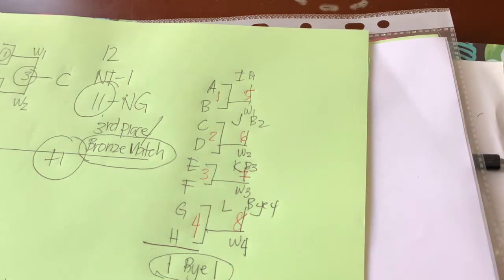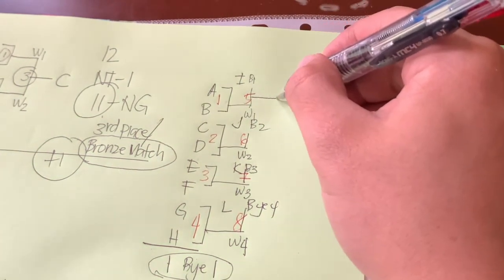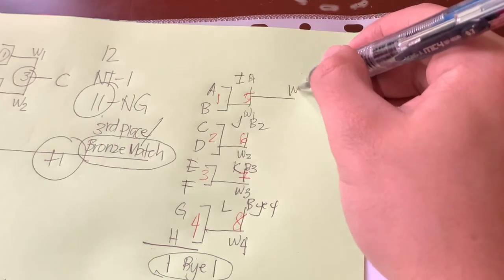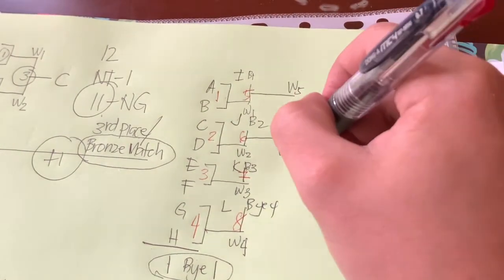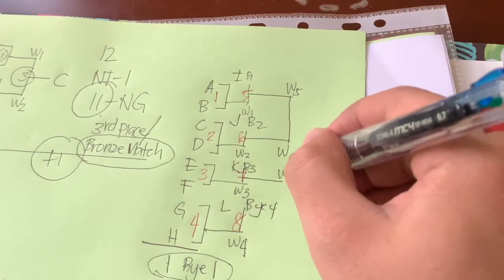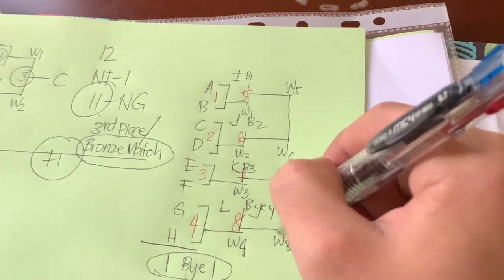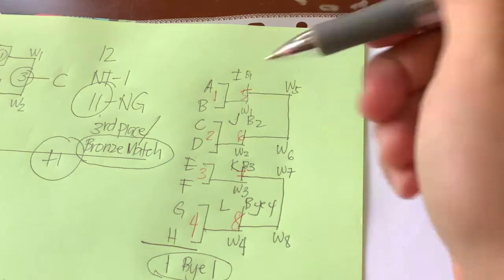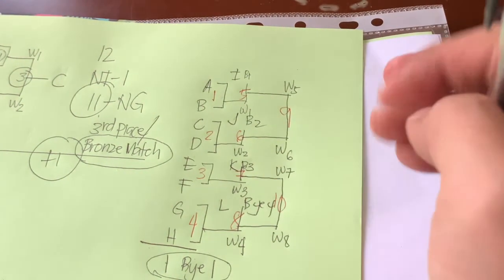So the winner here will be called winner 5, and the winner here will be called winner 6 has to play. Here is winner 7. Here is winner 8 has to play. So this game now will be called game number 9, and here is game number 10.